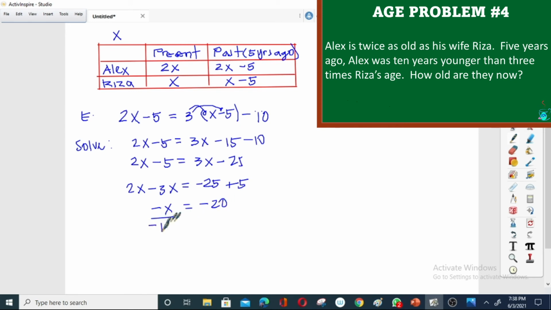Divide both sides by negative 1 to make it positive. So x is equal to 20. This is Risa's age 5 years ago.